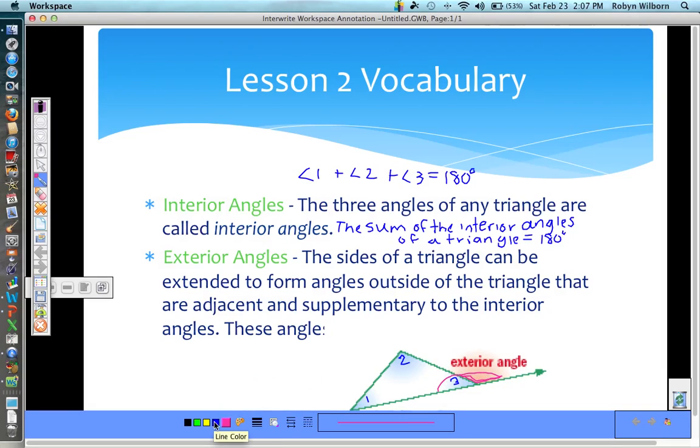If I went back and called this angle 4, I could say that angle 3 and angle 4 are adjacent. I should write this down. And since they're adjacent, that means next door, they're next to one another, they are also supplementary.